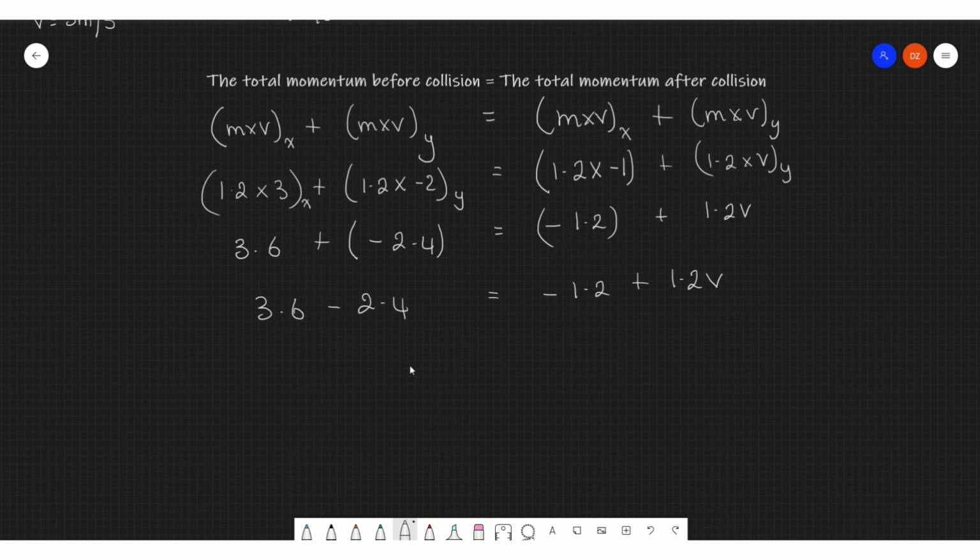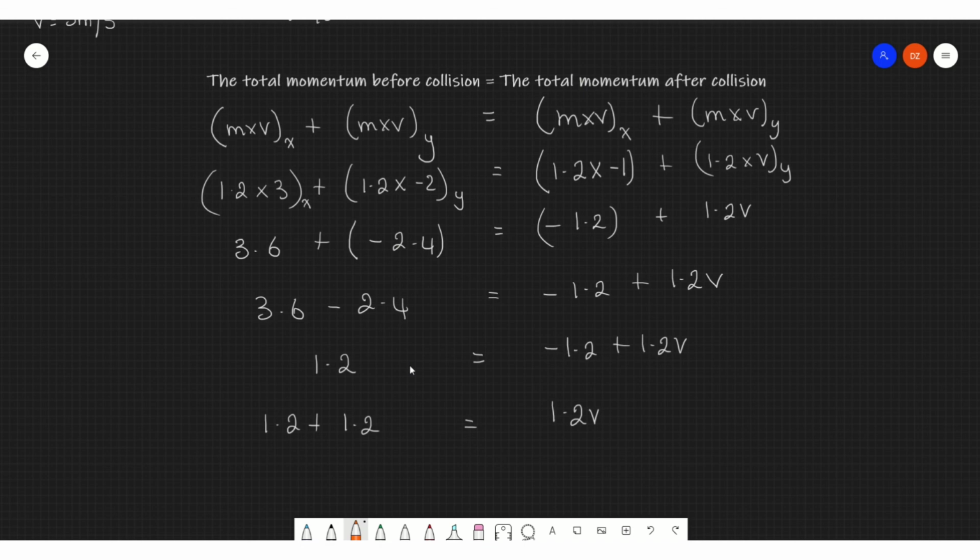We work this side first, so 3.6 minus 2.4, and we get a value of 1.2, and over here we end up with negative 1.2 plus 1.2v. We remove this negative 1.2 from this side and we take it over here, so from negative it becomes positive, so over here we end up with 1.2 plus 1.2 is equal to 1.2v.